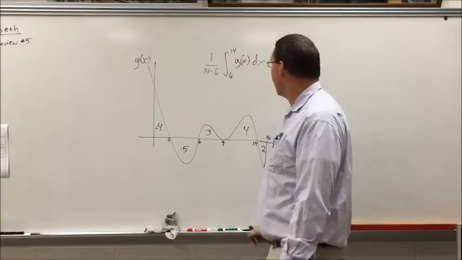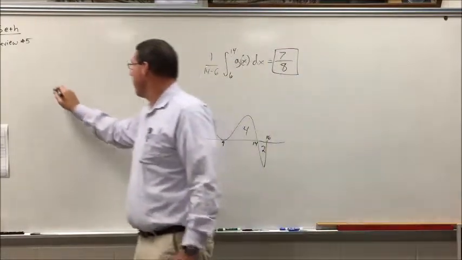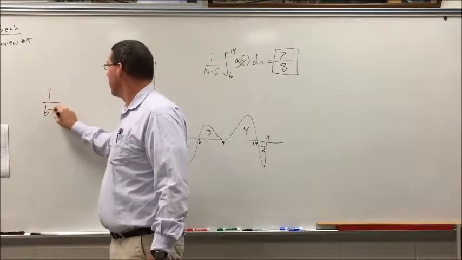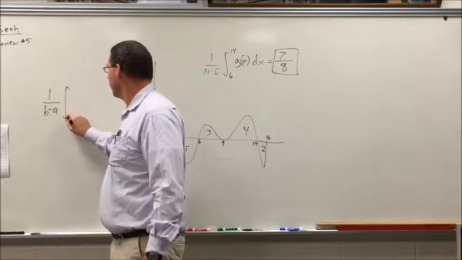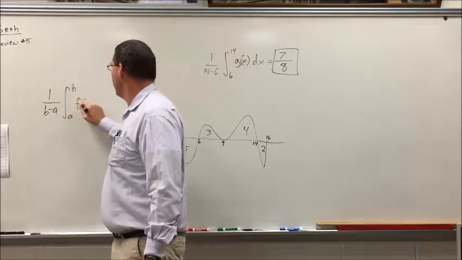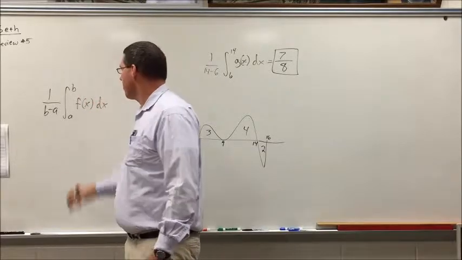The formula for average value is 1 over b minus a times the definite integral from a to b of your function dx.